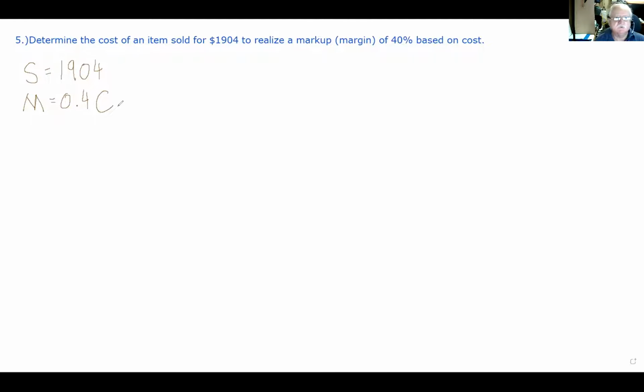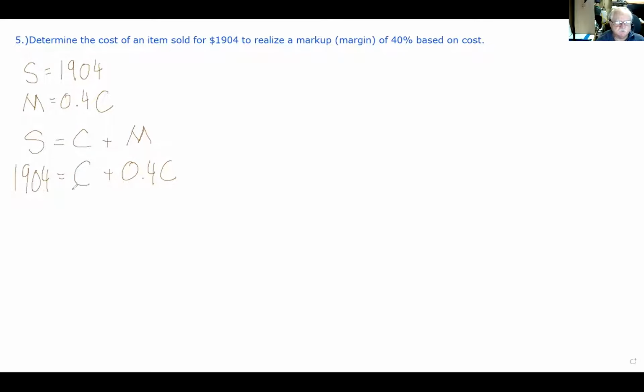So what they want us to come up with is to solve for cost, but we should be able to put this into our basic equation. S equals C plus M. And we know this 1904. We don't know the cost, but we can replace markup with 0.4 cost, at which point we've got one equation and one unknown.